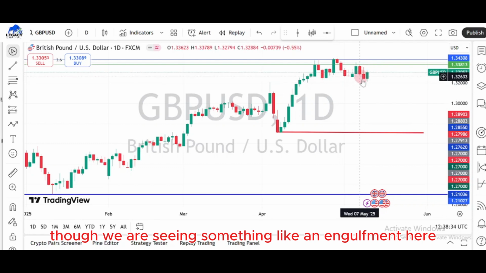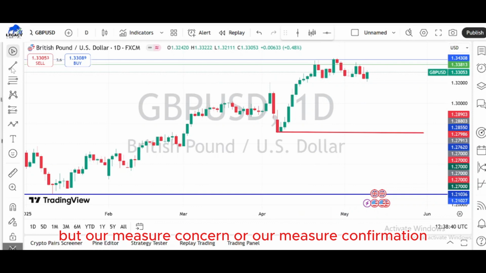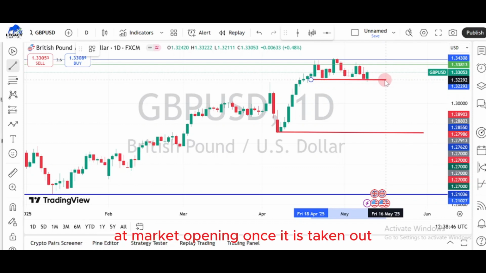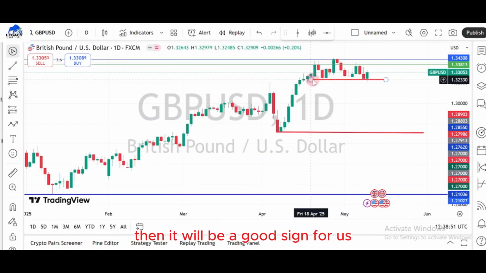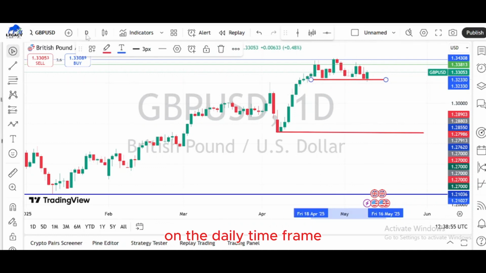Though we are seeing something like an engulfment here, it could just be market manipulation. But our major confirmation will be to see that this neckline is taken out at market opening. Once it is taken out, then it will be a good call for us to take sell positions on the daily time frame.